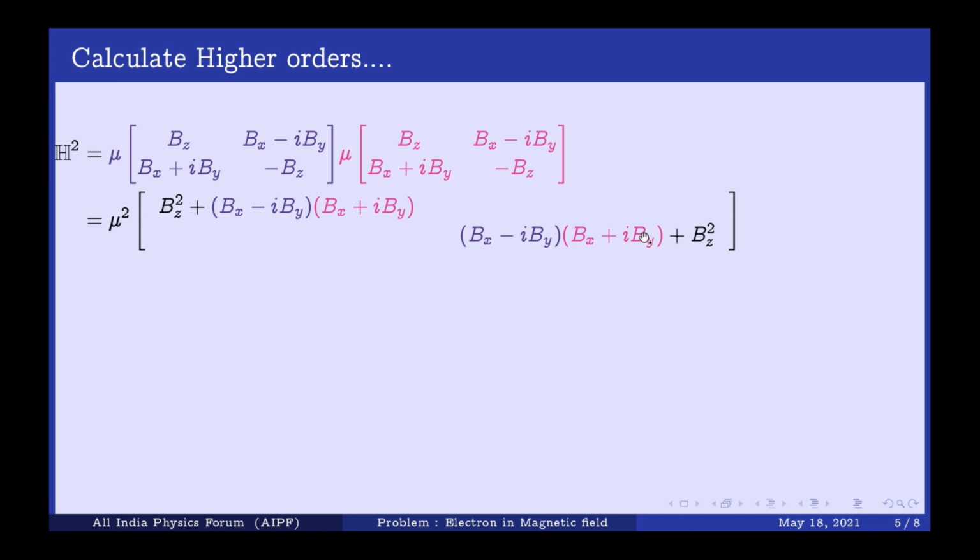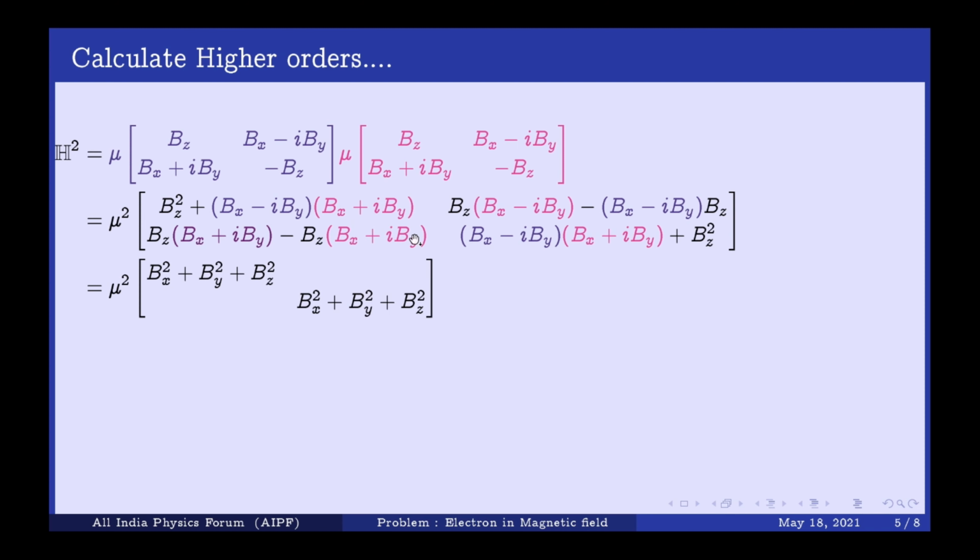And if you calculate further, you will find the diagonal term will appear as Bx square plus By square plus Bz square. That is very much trivial. Now coming to the non-diagonal part, you can see that the non-diagonal terms are also alike, and that will simplify it to 0. So this is basically a diagonal matrix.